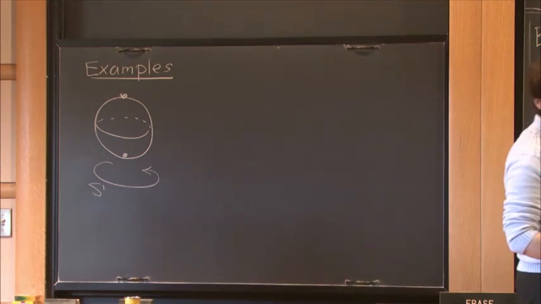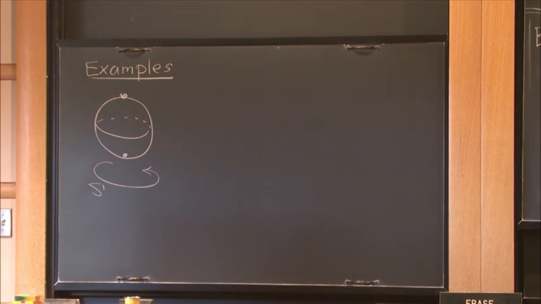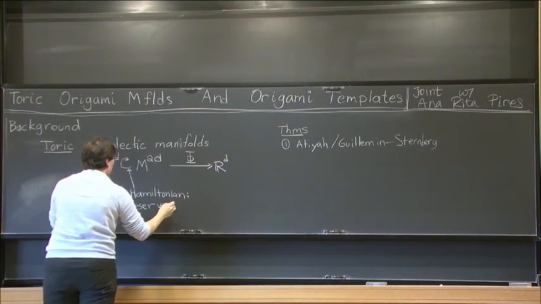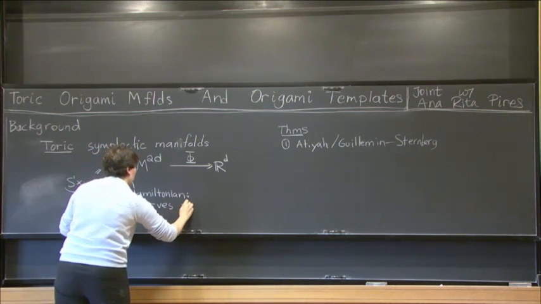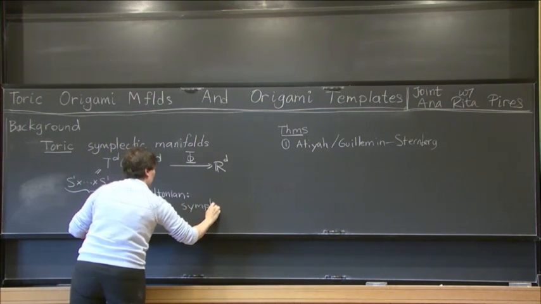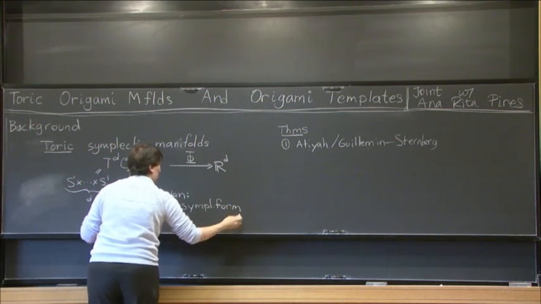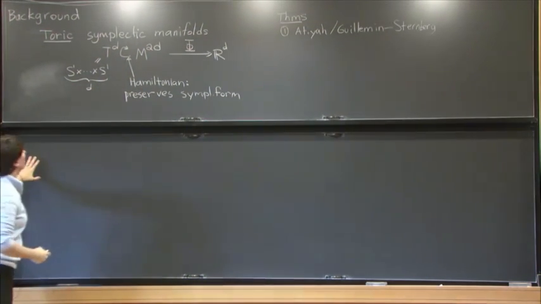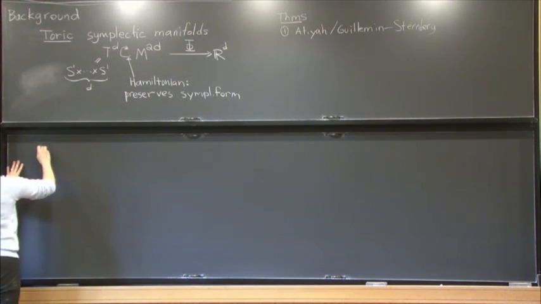Hamiltonian means it preserves the symplectic geometry. It preserves the symplectic form.